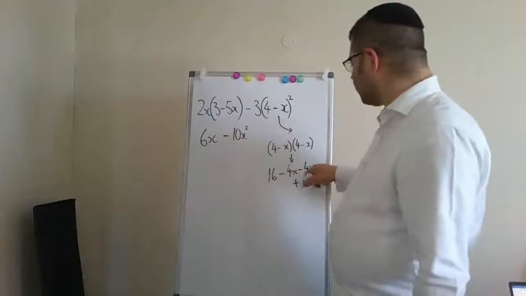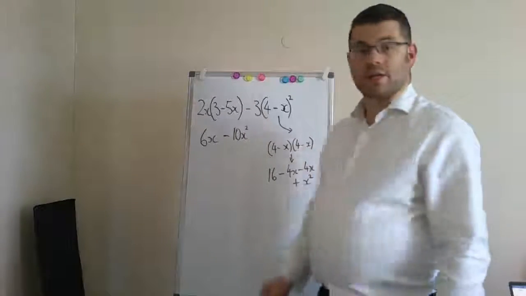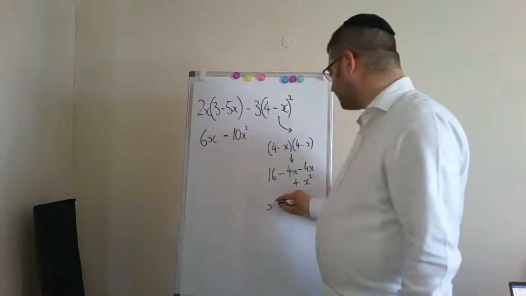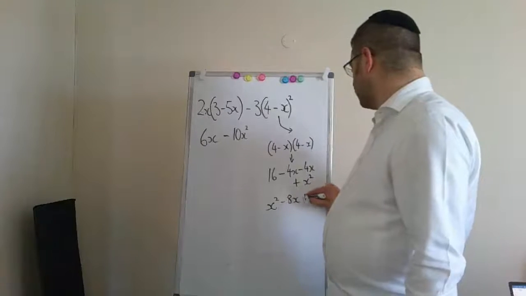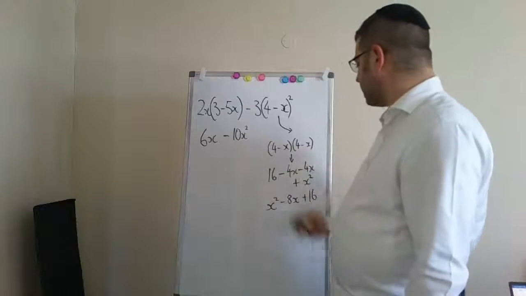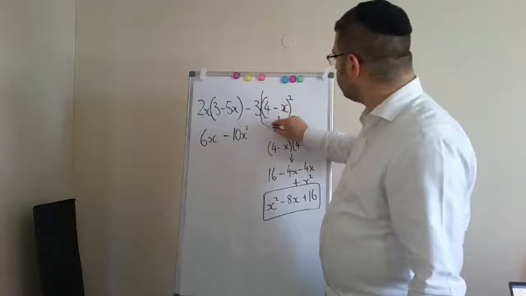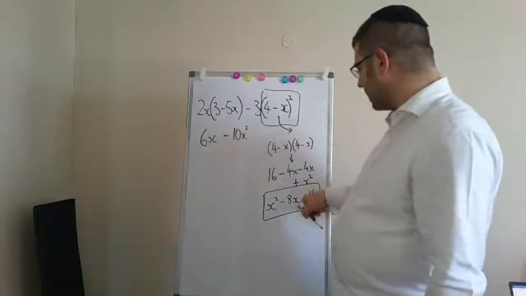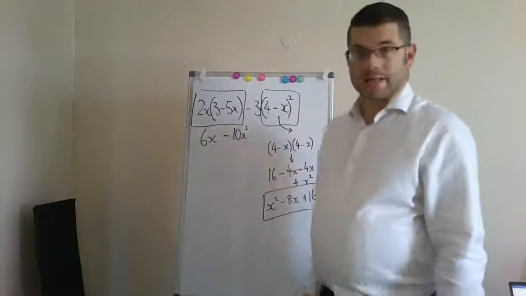Then the 2 minus 4x's become minus 8x, but I want to write this such that the x squared comes first. So x squared, then minus 4x minus 4x, then plus 16. So that is just this bit here.